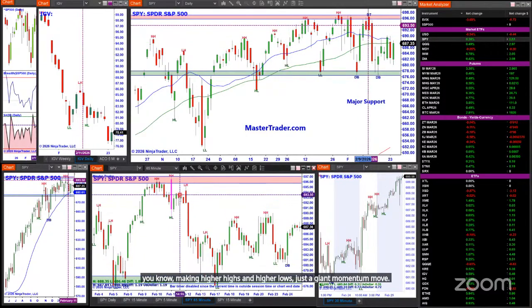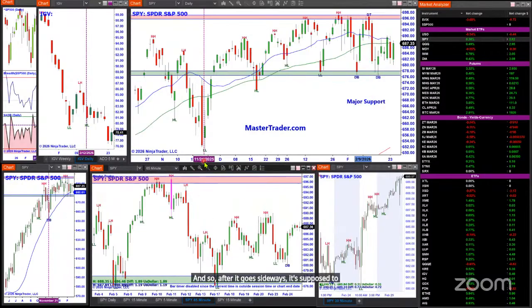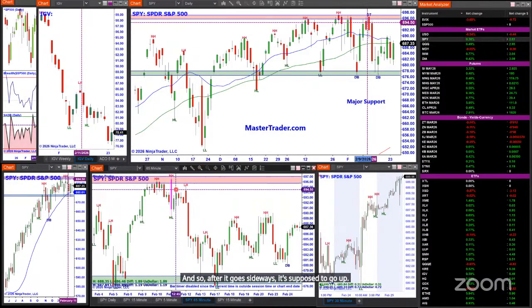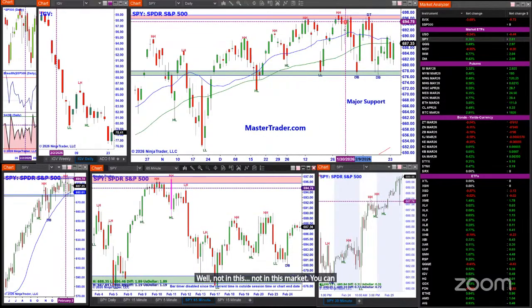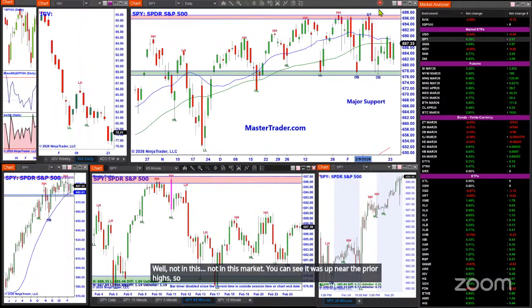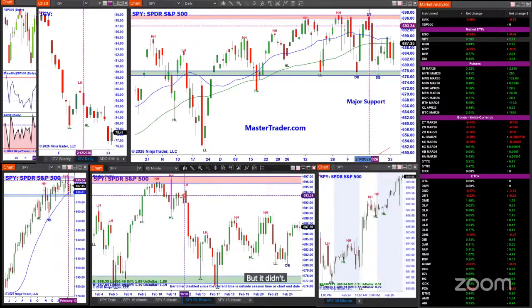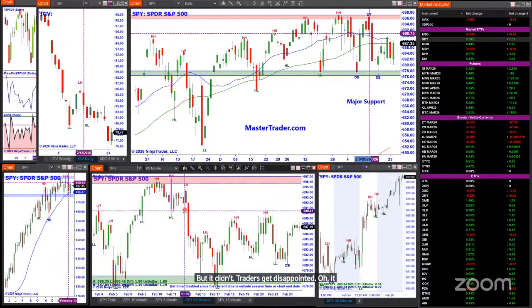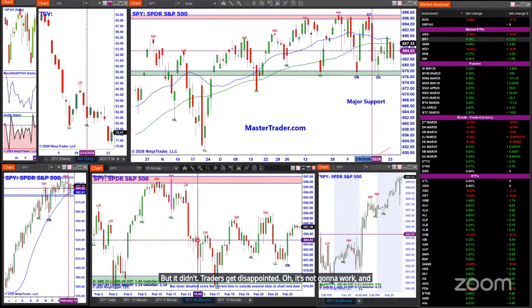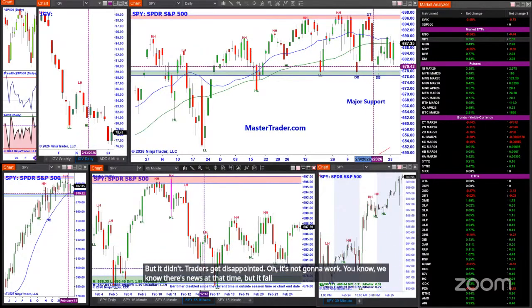And so after it goes sideways, it's supposed to go up. Well, not in this market. You can see it was up near the prior highs, so it should have gone sideways and then up, but it didn't. Traders get disappointed. Oh, it's not going to work, and we know there was news at that time, but it falls all the way back.